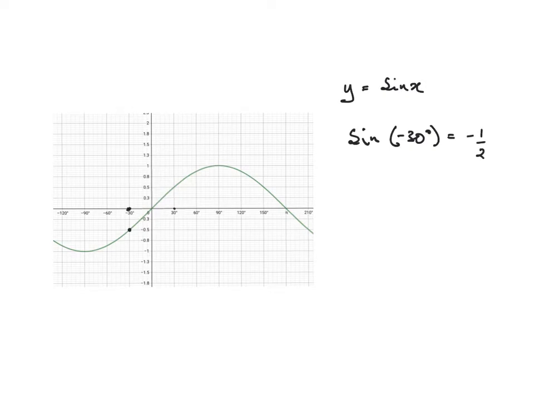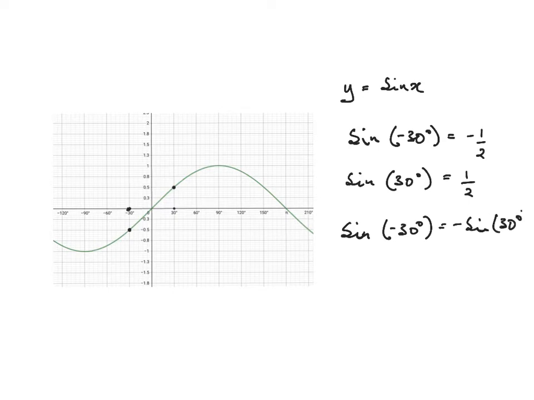We know that sine of 30 degrees equals 1/2. What we can say then is that sine of minus 30 degrees equals minus the sine of 30 degrees, which is to say that the sine function is an odd function.